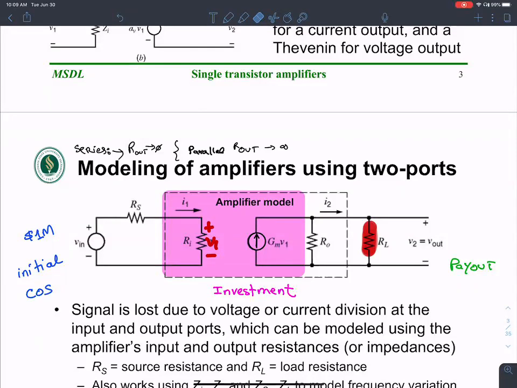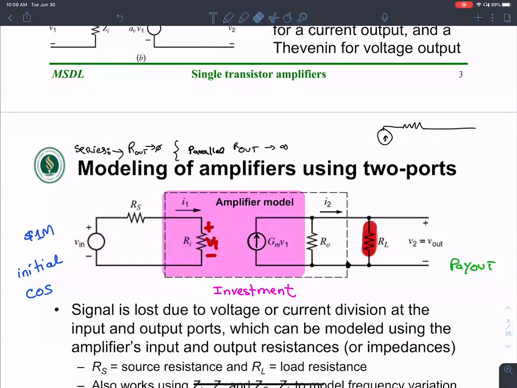The idea is when we are passing a current through any resistance, this is the Norton equivalent. A current source with a parallel resistance is the Norton equivalent. That provides a voltage here.